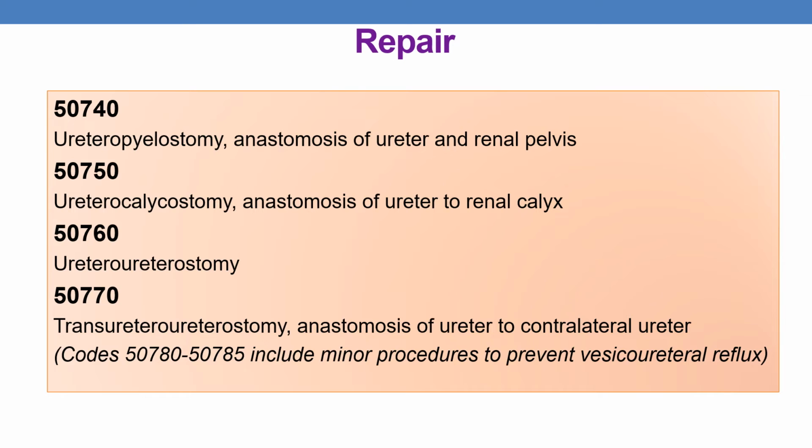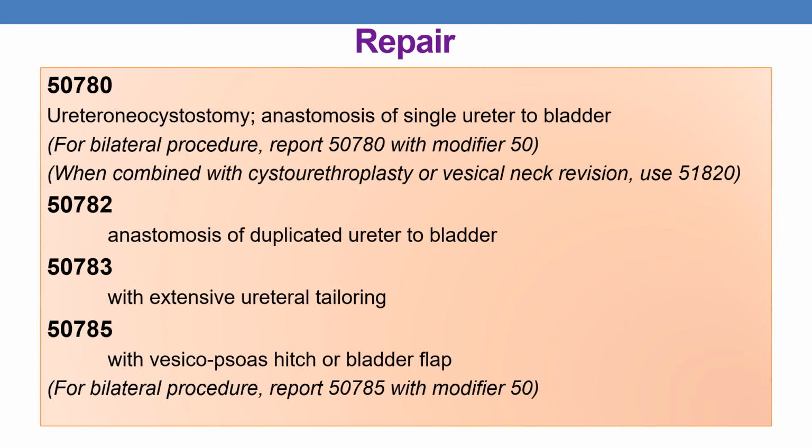And next is 50770, transureterostomy, anastomosis of ureter to contralateral ureter. And codes 50780 to 785 include minor procedures to prevent vesicoureteral reflux. The next CPT is 50780.